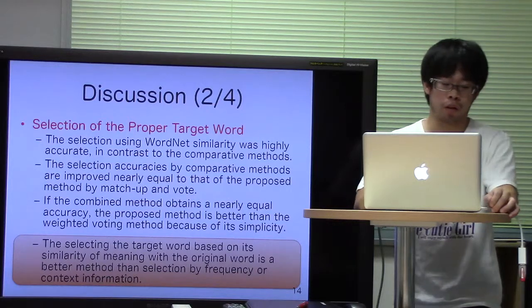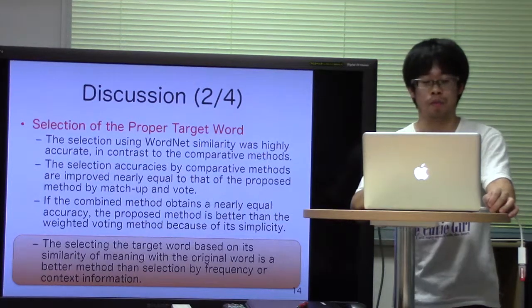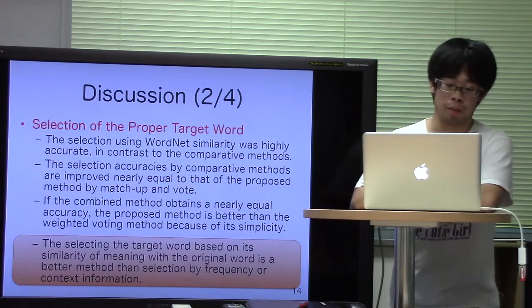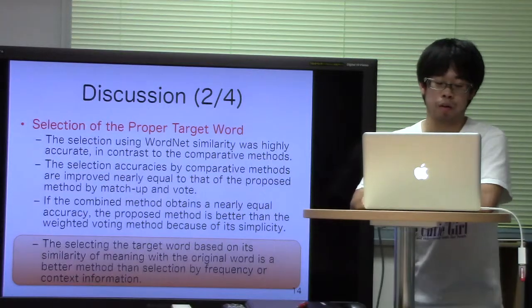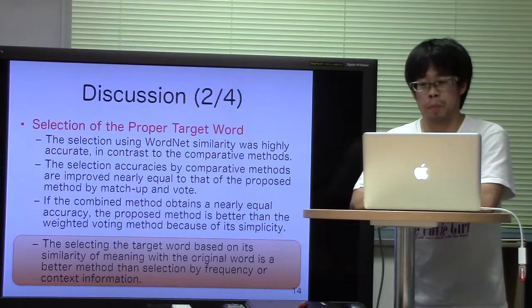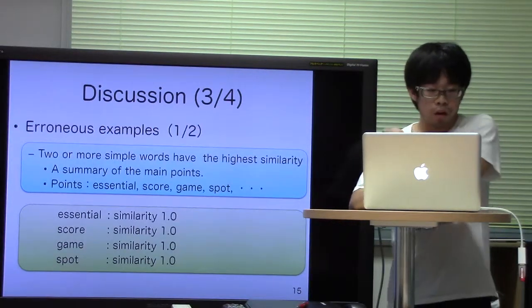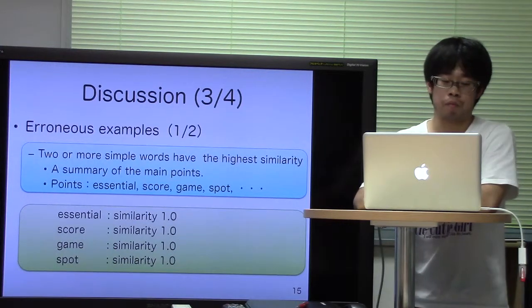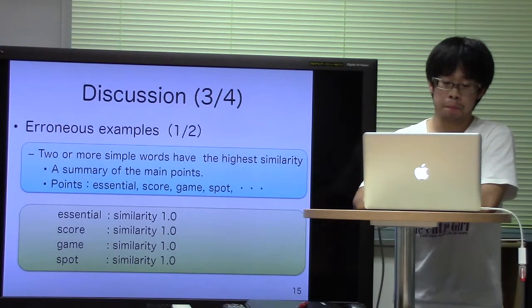These results show that selecting the target word based on its similarity of meaning with the original word is a better method than selection by frequency or context information. There are some unsuccessful examples. There are 2 major types of such errors. 1.